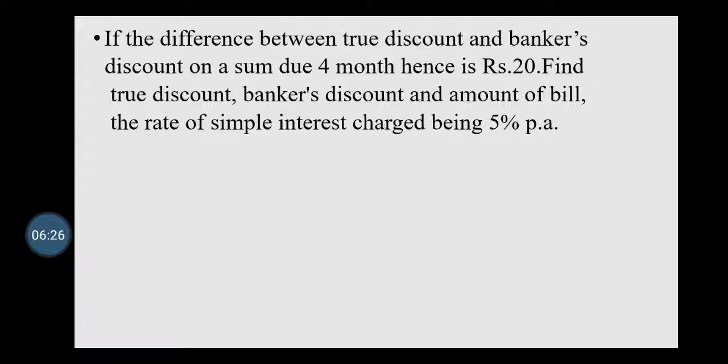In this question, only the difference between true discount and banker's discount is given, time duration is given and rate of interest is given, and we have to find the true discount, banker's discount and the amount of bill. Okay, so we will start.